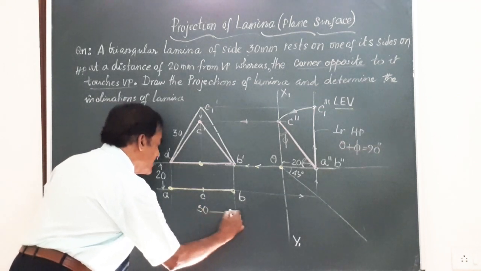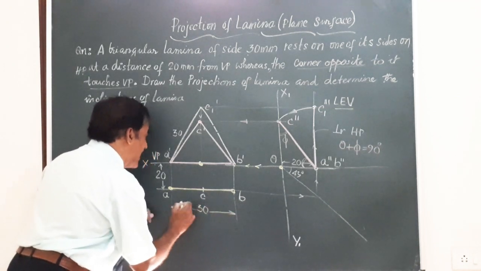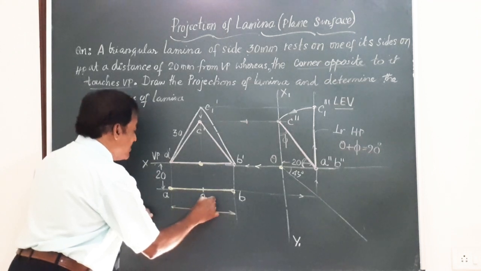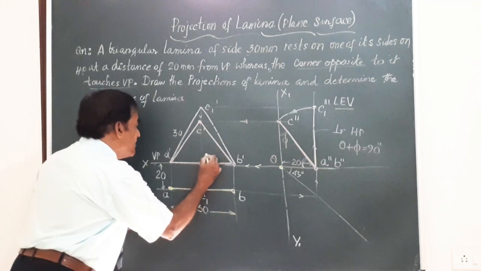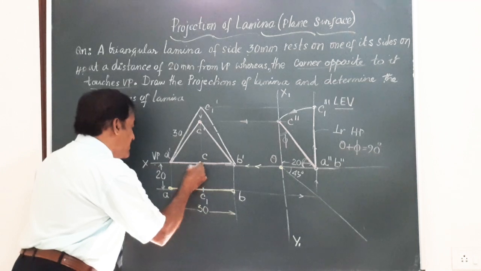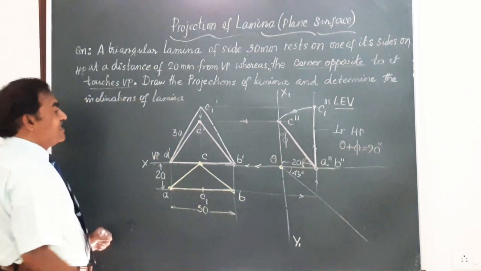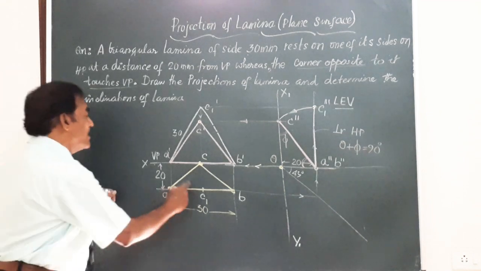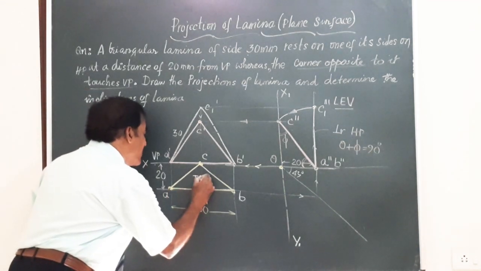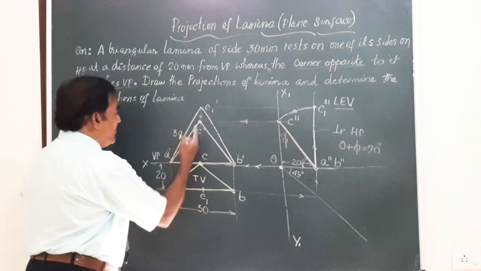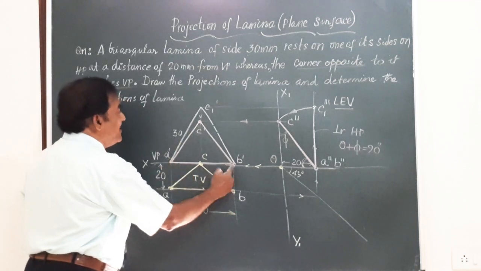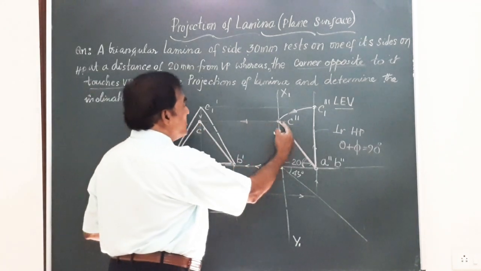It will not change. And if you are joining, this was C1 say, this will be the point C. Join A to C, B to C, and this figure will give you the final top view of the lamina, triangle ABC. The final front view is A dash, B dash, C dash. The final end view is this.